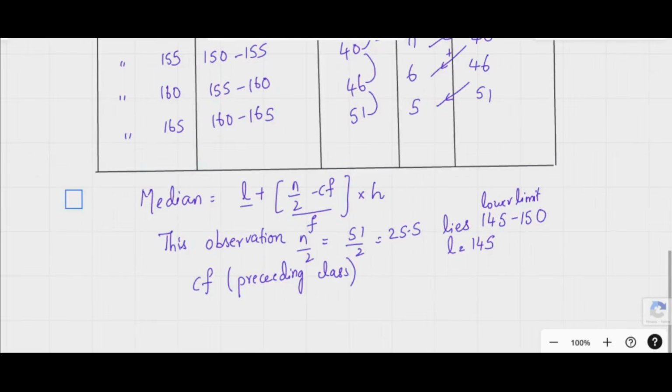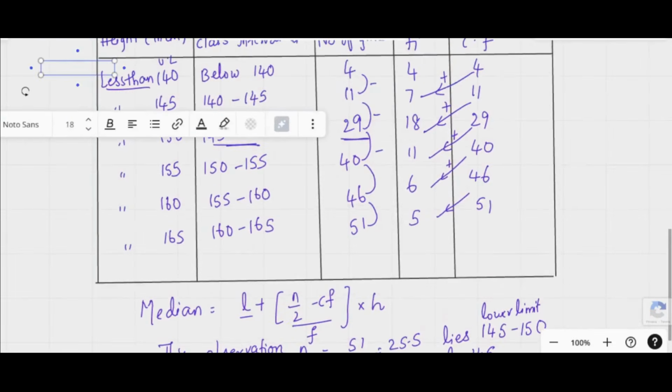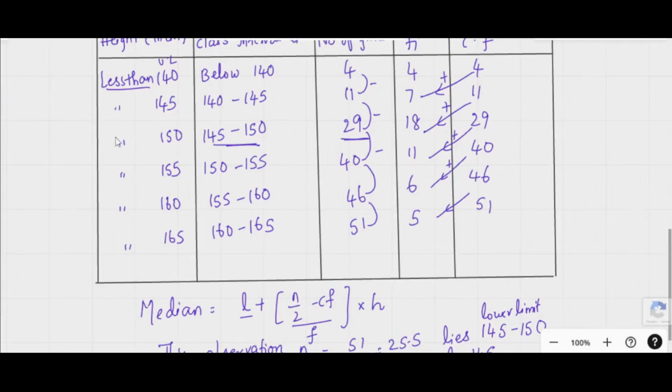This is our table, right? Here, the class interval we got is 145 to 150. So this is the range, and this is the line that you have to circle.